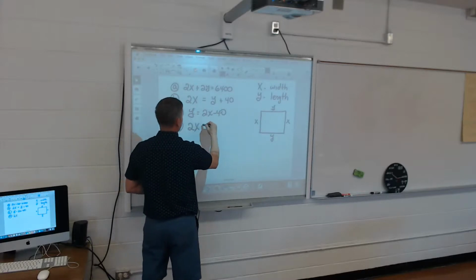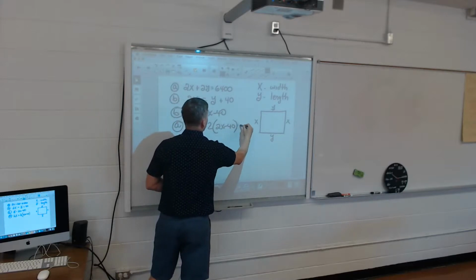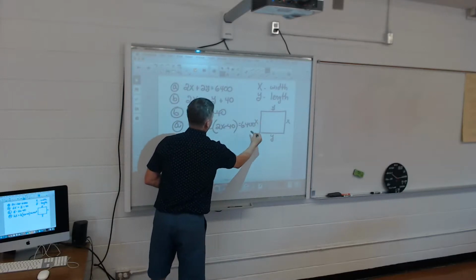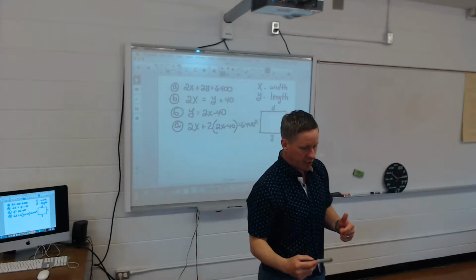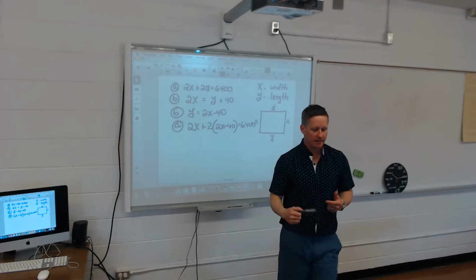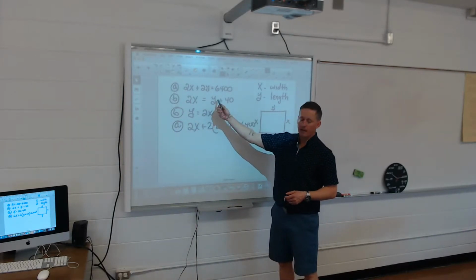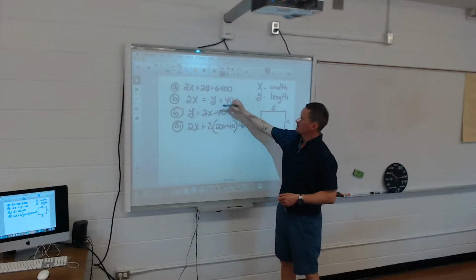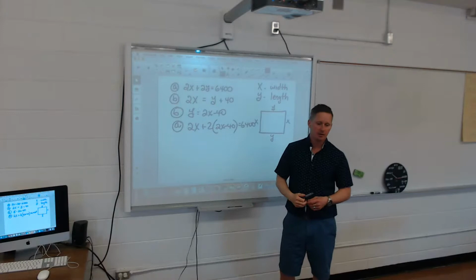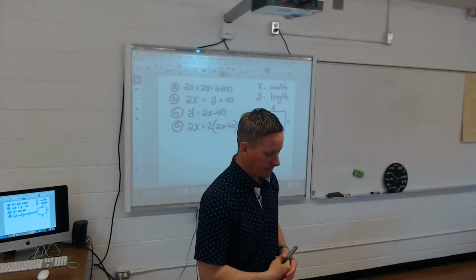So 2x plus 2 times 2x subtract 40 equals 6,400. And I would solve it using substitution method. But you use the method that you like the best. In this one, I used substitution because it was easy to get y by itself by just subtracting the 40. And then I substituted back into the first equation. So it's kind of up to you as to what you're comfortable with. All right?